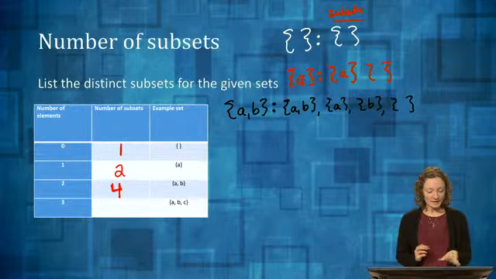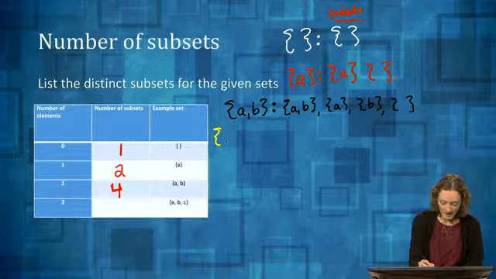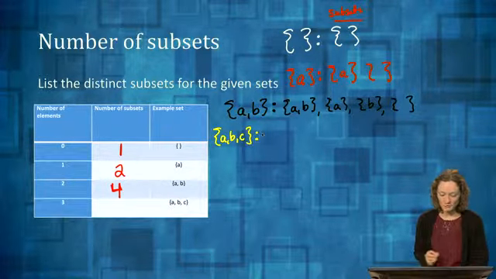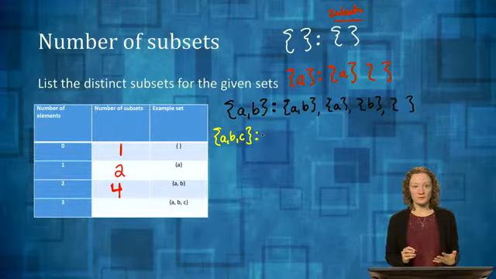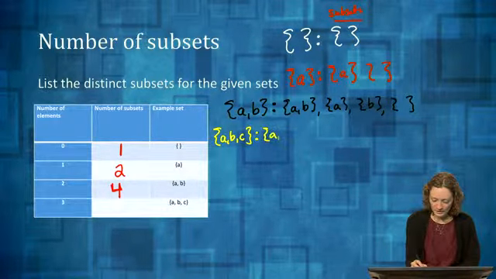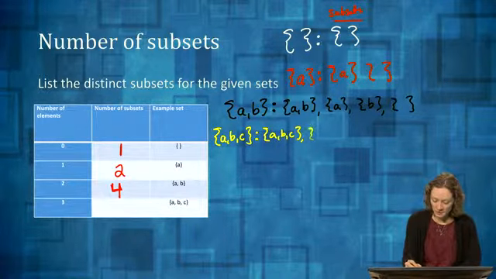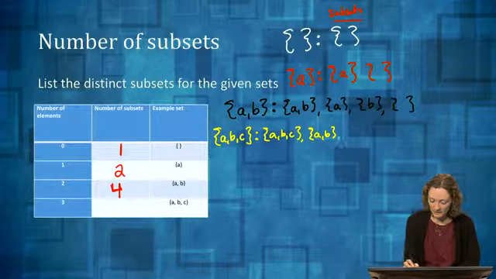Okay, then the last scenario is that we have 3 elements. So let's say we have the set containing A, B, C as an example. And then what are all the different ways we could choose to hand out the 3 items? We could hand out all 3. We could hand out 2 of them, and the 2 could be AB.